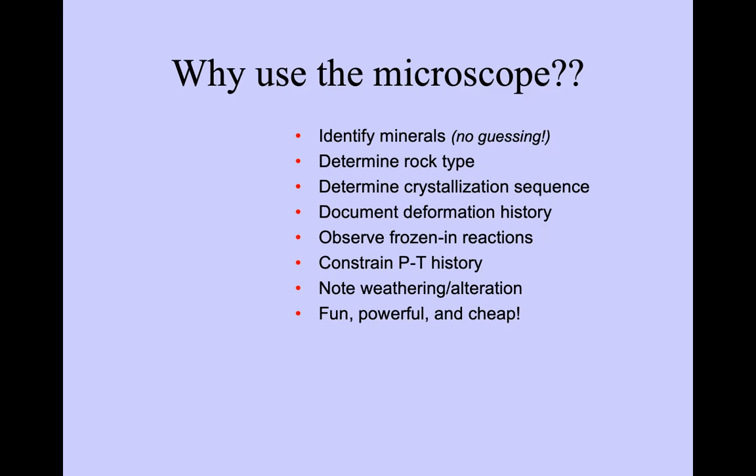So there's a crystallization sequence in magma mainly, right? To understand that also, we have to examine a rock clearly under a polarizing microscope. That is also an important application of a microscope. And also to document the deformation history.